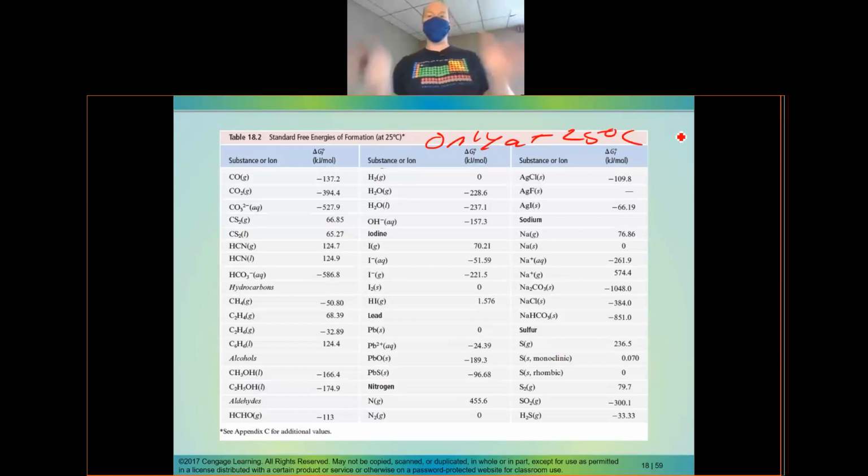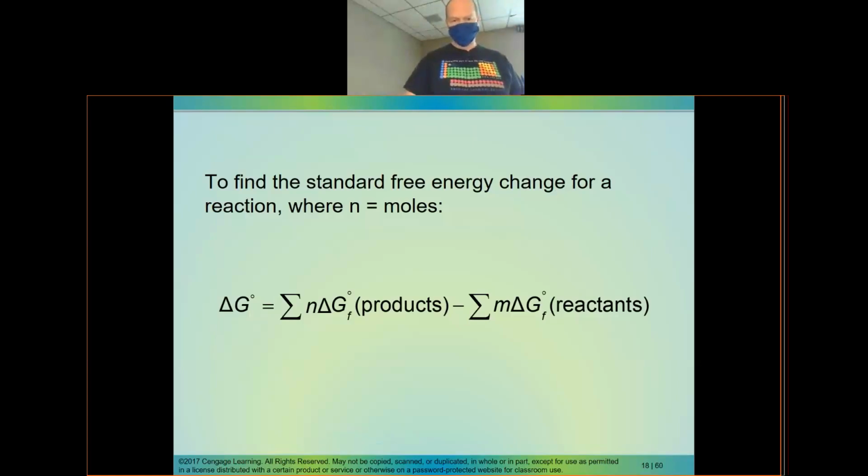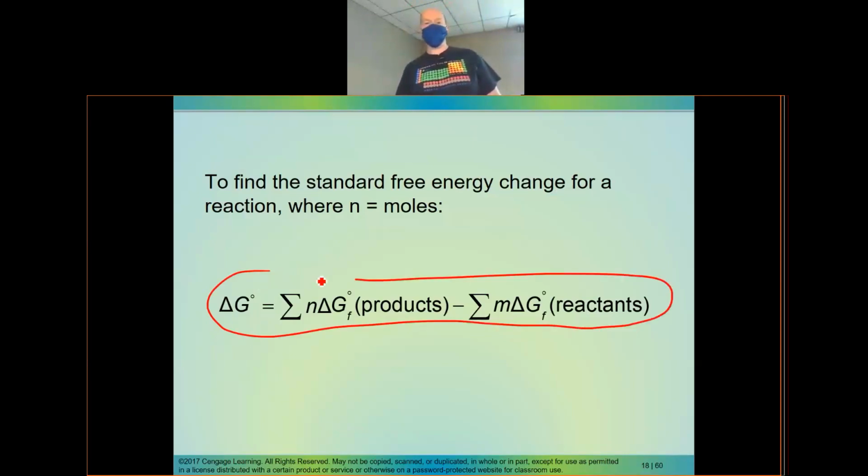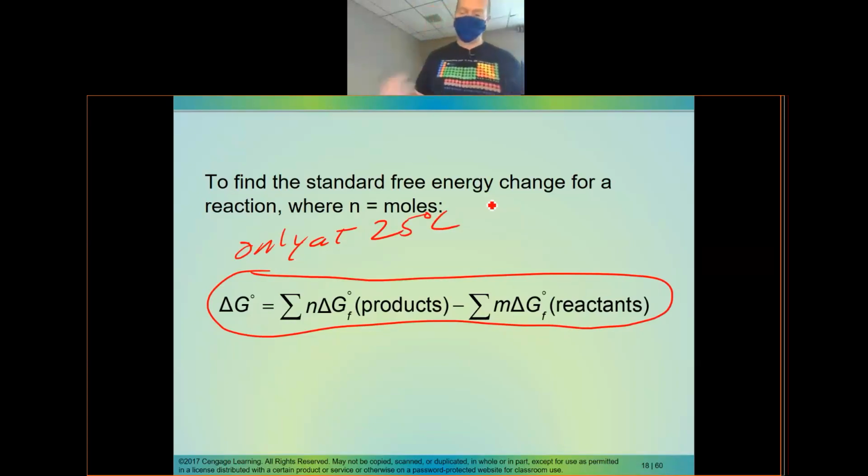If you are not at 25 degrees Celsius, these are not your numbers. All right, so again, when you're doing this, only at 25 degrees Celsius. There might be a reason why I keep saying that. Yes, people use this for any temperature. That's wrong. Only at 25 degrees Celsius.